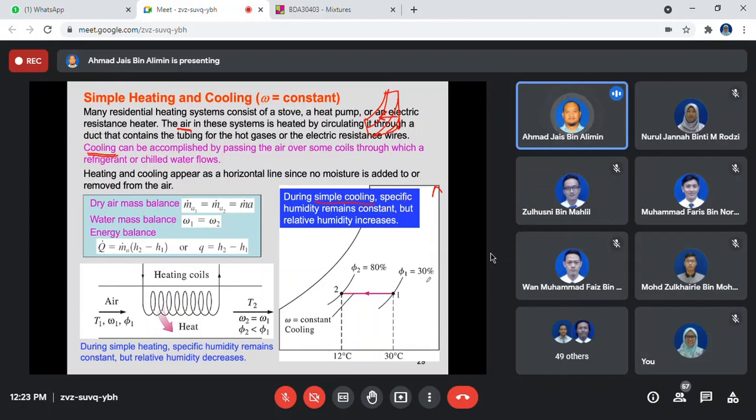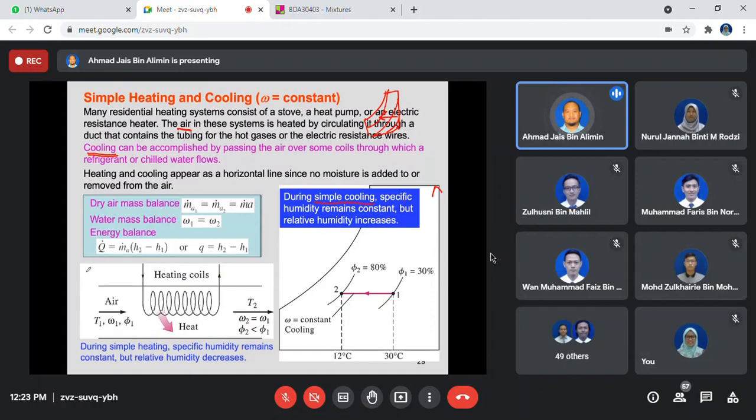From 30% it becomes 80% because of the drop in the temperature, with constant specific humidity. So this is a simple cooling event. If you are talking about heating, then it is the opposite direction. You heat up, and then the relative humidity will be reduced.